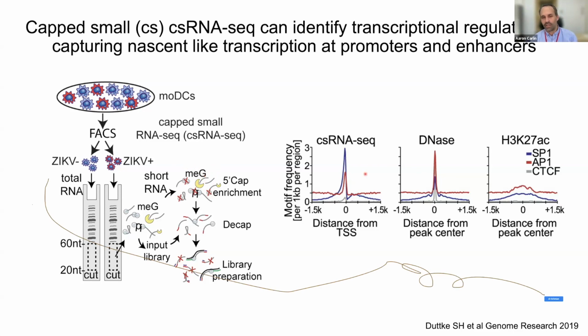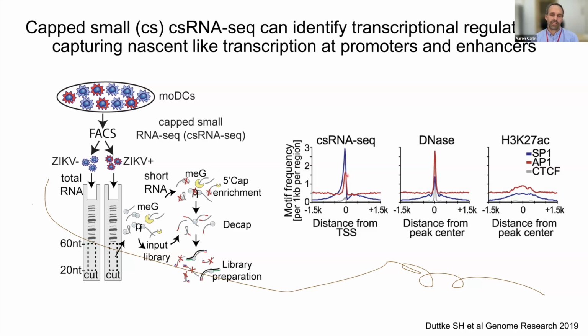Basically, csRNA-seq gives you a very sharp, nice peak directly adjacent to where transcription factors may be binding, to identify transcription factors, and is incredibly dynamic to allow you to identify activated regulatory regions.